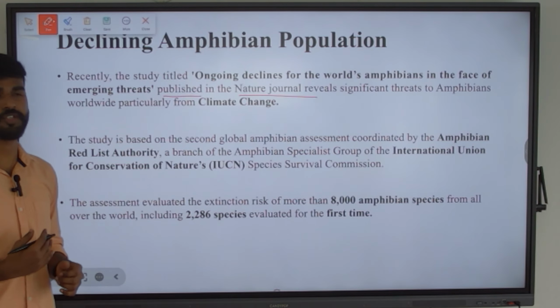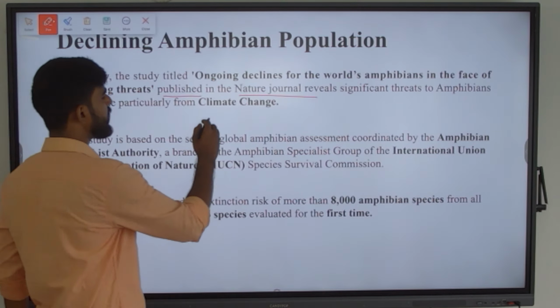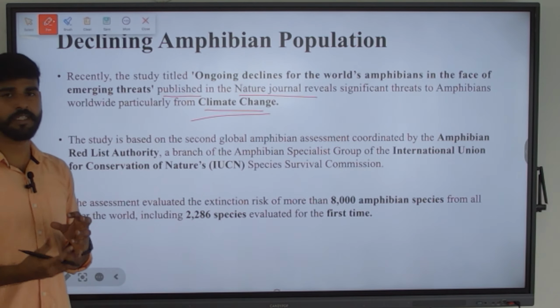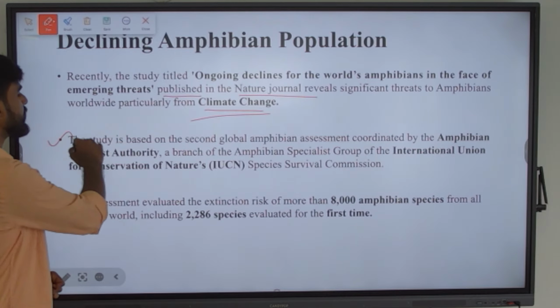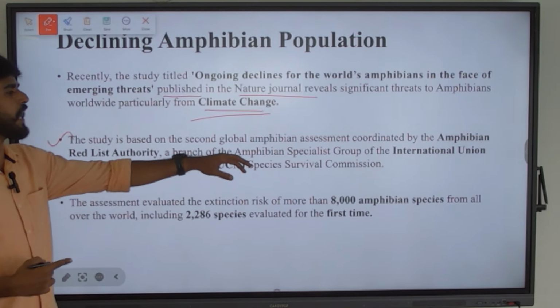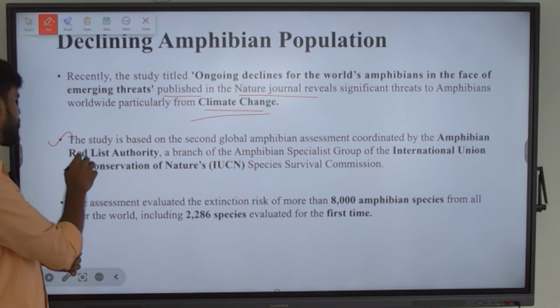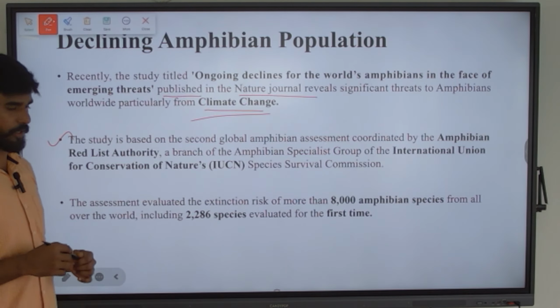particularly from climate change. So climate change is a big problem here for amphibians. How is it going to affect amphibians? Let us understand. And this study is based on the second Global Amphibian Assessment, which was coordinated by the Amphibian Red List Authority.